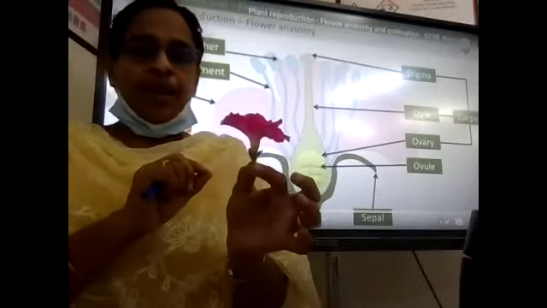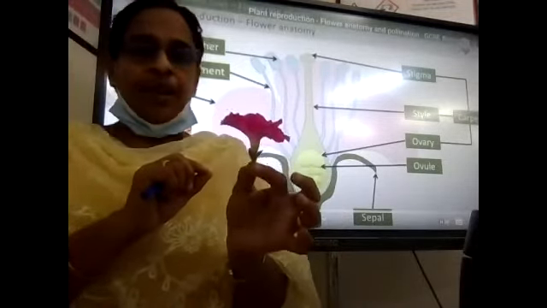So when we learn the sexual reproduction of plants, we have to learn the structure of the flower. Each flower has a green leafy structure at the base, which is known as the sepal. The function of the sepal is to protect the flower before it opens.